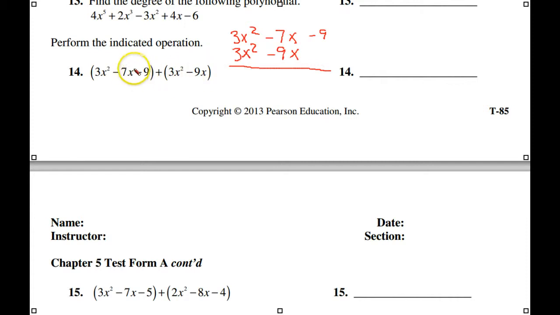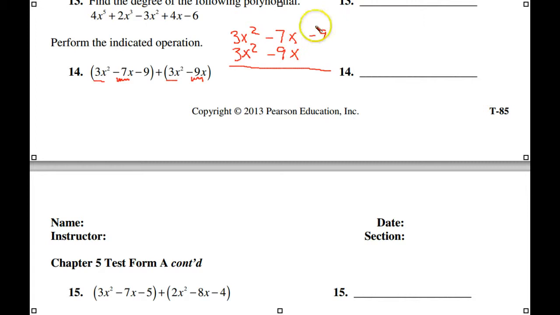And what I'm suggesting, even though you may not need it for this one since it's so easy, is to take your like terms, identify them, and put them in vertical like-term columns. And then there's this one, and this one, and then there's just that. No other like term to go with it.